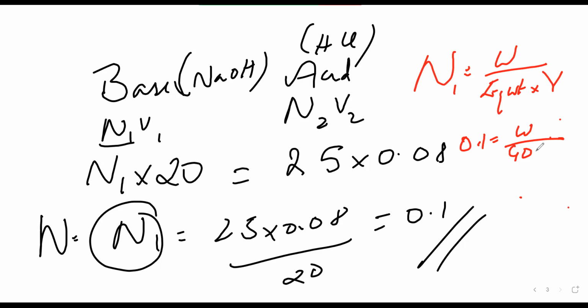I think you know how to find the equivalent weight. So NaOH into 5 decimeter cube. Once you solve it, you'll get W equal to 20 grams.